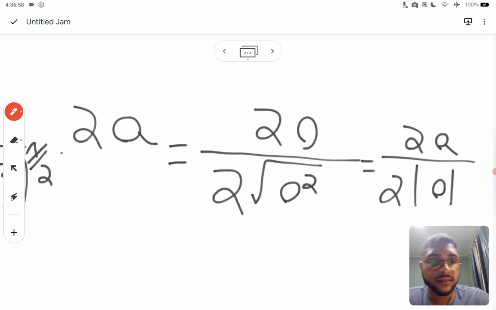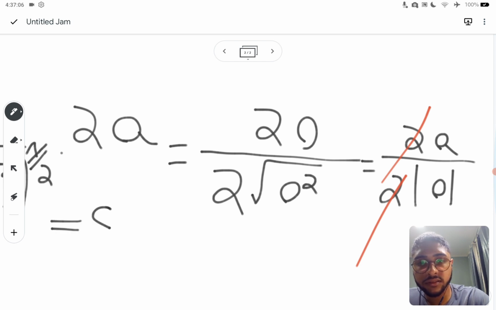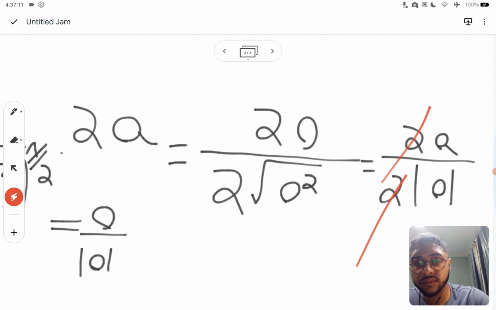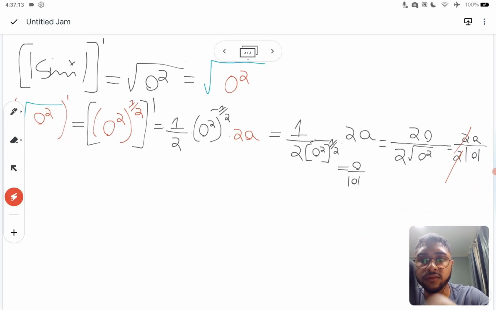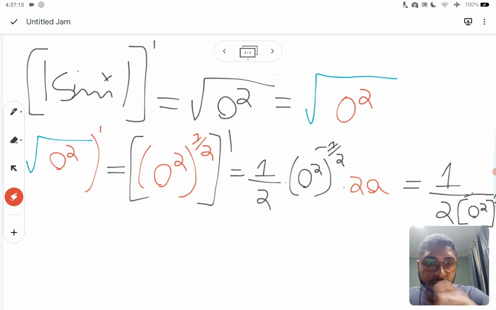Look at this 2, we can cancel it, and it will be a over the modulus of a.